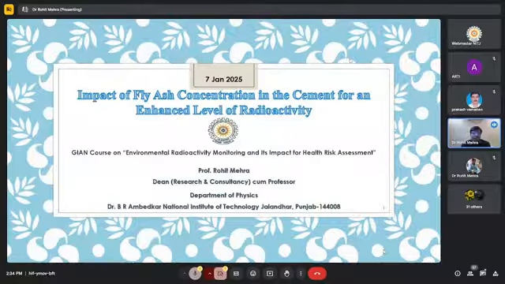This topic is a little different: instead of directly dealing with radioactivity, we have a case study assessing the impact of using fly ash in cement and how it has enhanced the level of radioactivity in the environment.